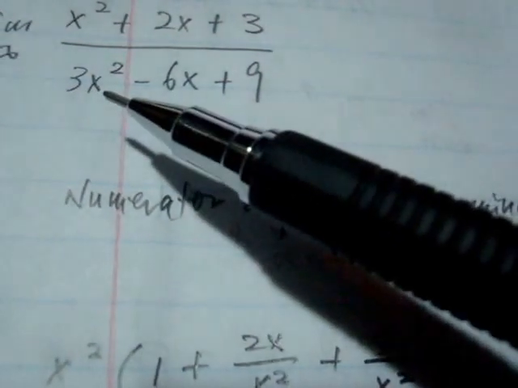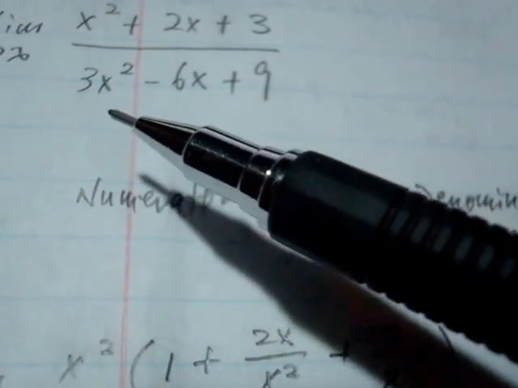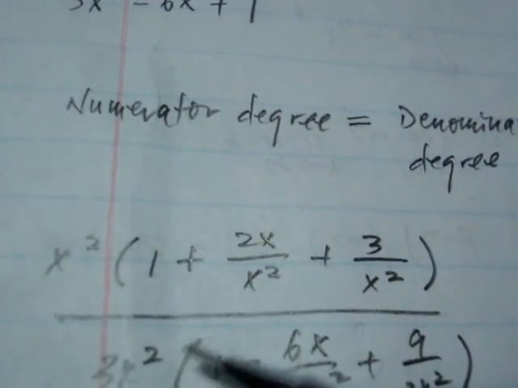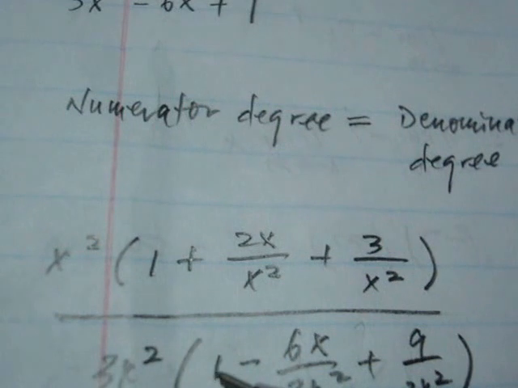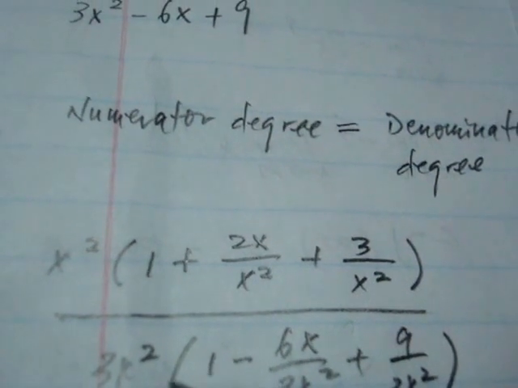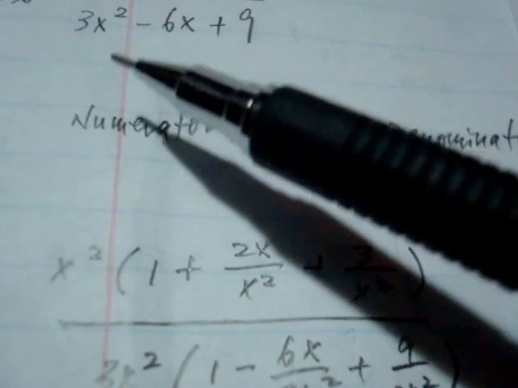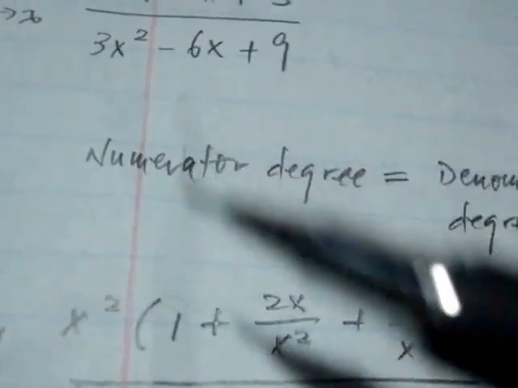As for the denominator, you factor out the highest degree, which is 3x squared. Put a parenthesis times 1. Why is it times 1? Because 3x squared times 1 will be the same thing as the given, which is 3x squared.